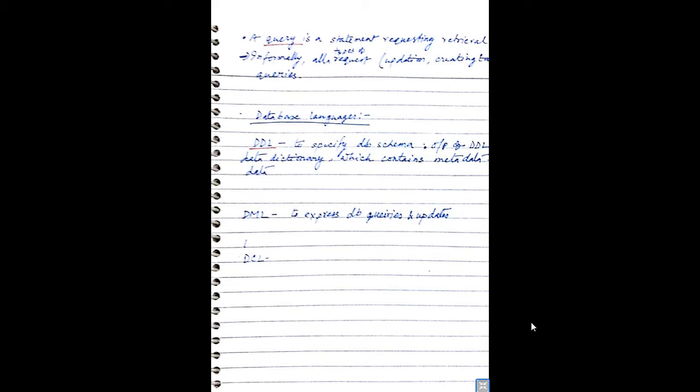But at the end of the semester, I cannot find a good or correct answer from all of you. So that's why I'm writing it: structured query language. Now three categories are there. One is DDL, that is data definition language.